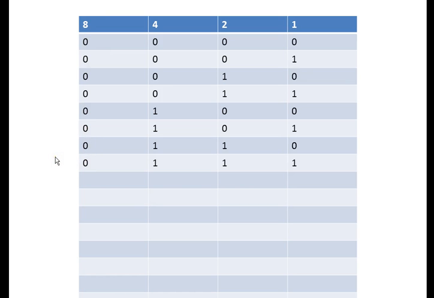You'll see that as we've counted up from 0 to 7, the least significant bit column has gone 0, 1, 0, 1, 0, 1, as we found before when we looked at truth tables for switches. The second bit position goes 2 zeros, 2 ones, 2 zeros and 2 ones, and the third bit position goes 4 zeros and 4 ones.